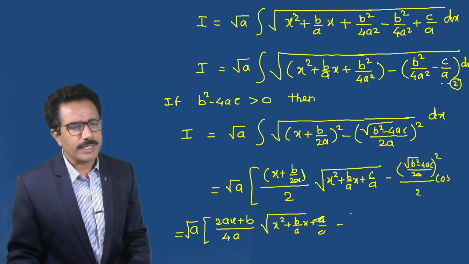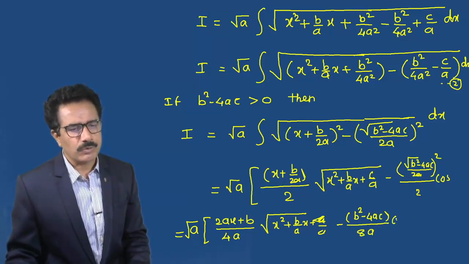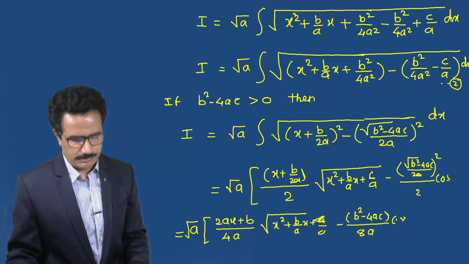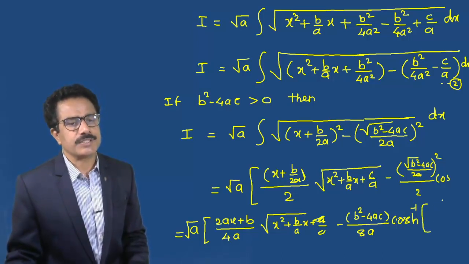minus, if we take the square, we can write b square minus 4ac divided by 8a into cos h inverse of x by a.